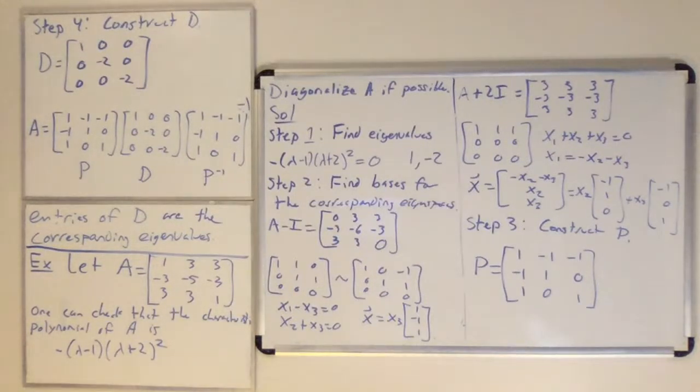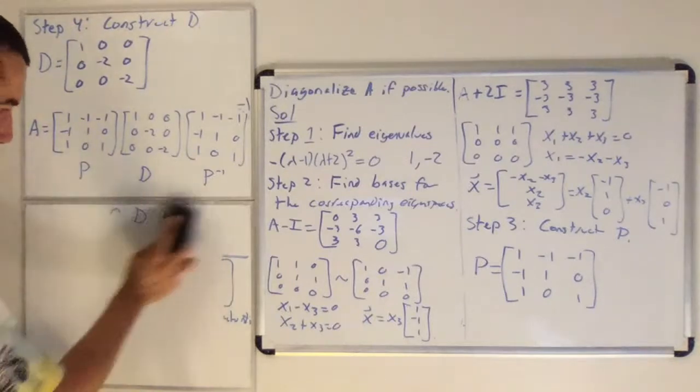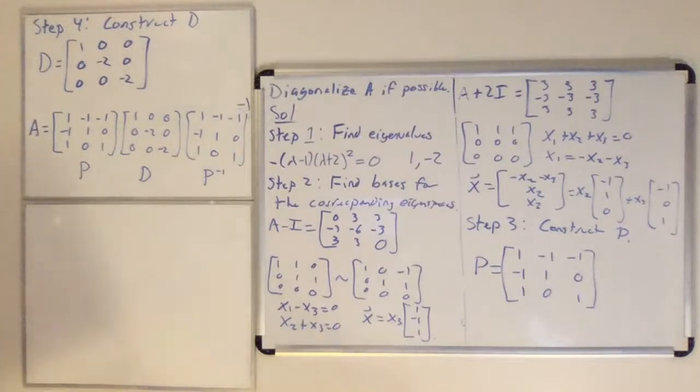Okay, so ask any questions you have in the chat. I'll write out the next example. The next example is we'll do the same problem except with a different matrix.